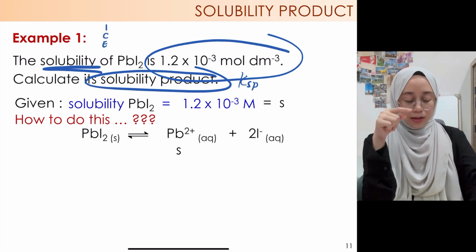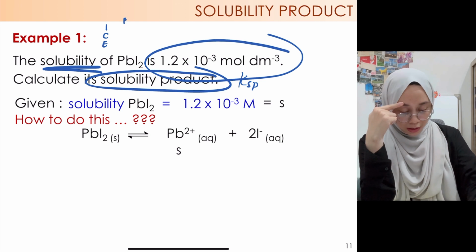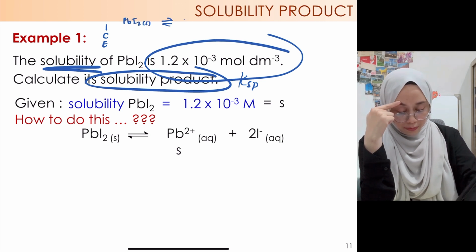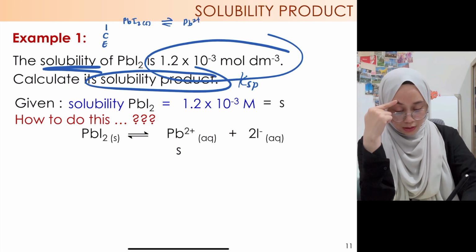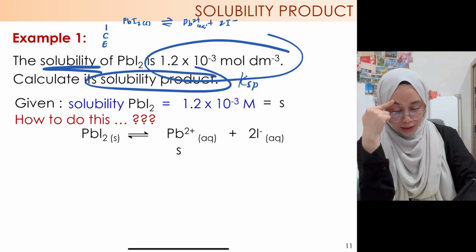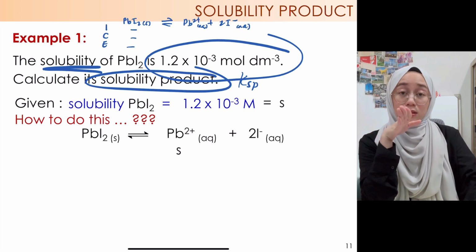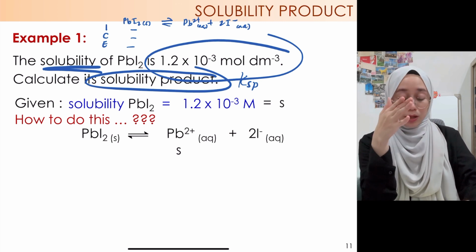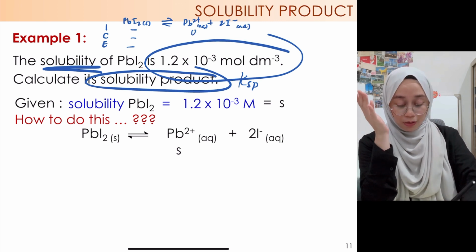Okay, so basically ini PbI2 dia, and then menghasilkan Pb2 plus dengan 2I minus. Okay, so yang ni aqueous, yang ni kan solid. So bila solid, ini kan semua dash kan, sebelah kiri tu semua dash. Okay, and then initial pula kita punya ion belum ada lagi, so dia 0, 0.